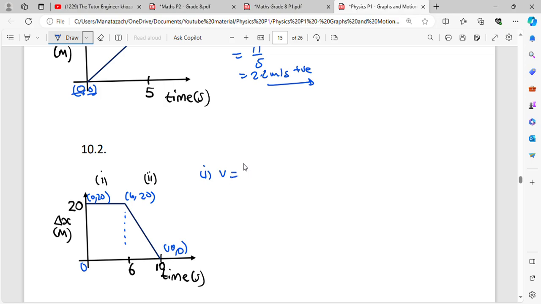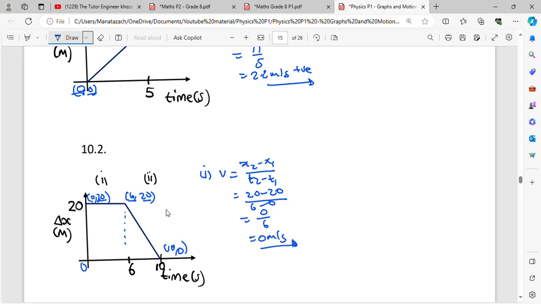Velocity is equal to x2 minus x1 over t2 minus t1. x2 is 20 minus 20, t2 is 6 minus 0. So we'll have 0 over 6, which is 0 meters per second.